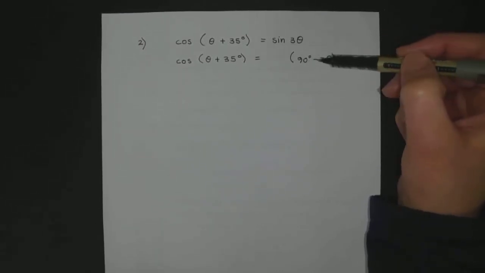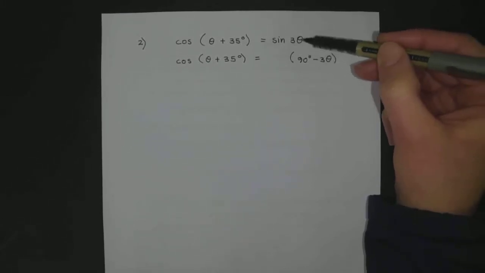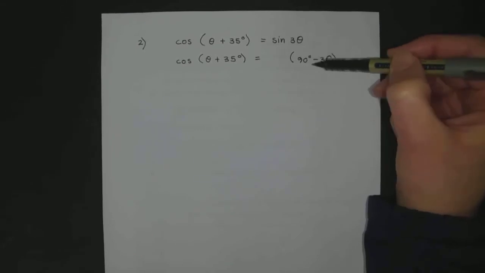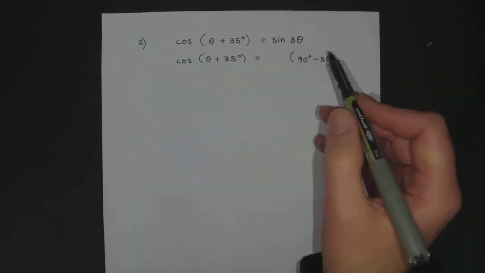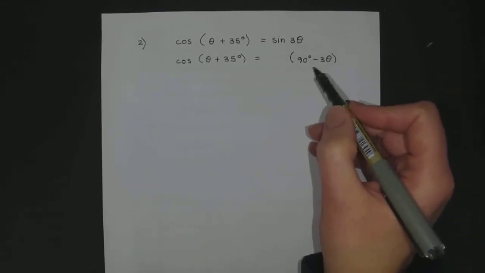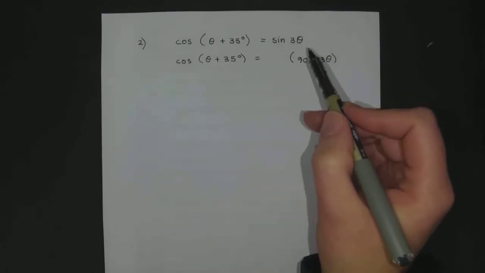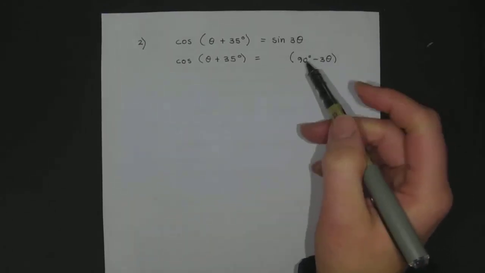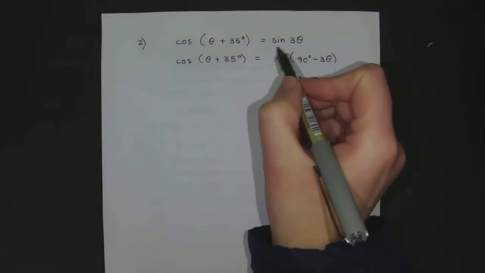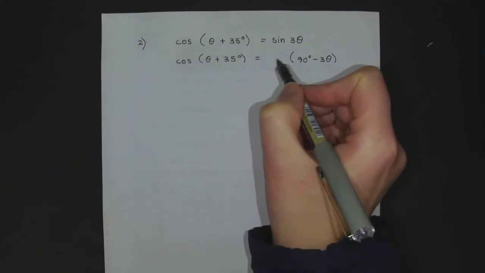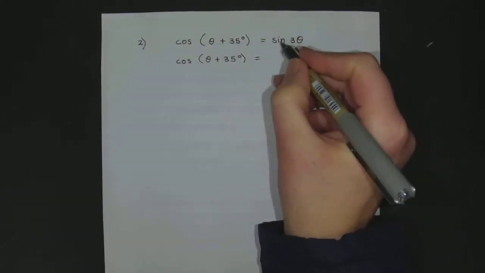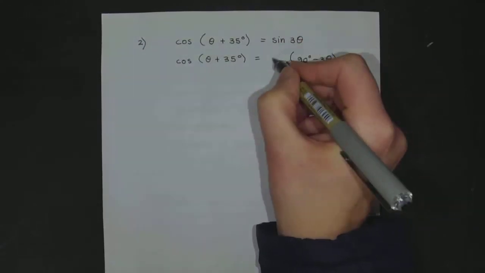So 90 minus this angle is the complementary angle of that one, because if you add them together, it adds up to 90. But the rule in trigonometry says very clearly, if you change an angle into its complementary angle, you have to change the function into its complementary function. And for those of you who don't know this, the complementary function of sine is cosine.